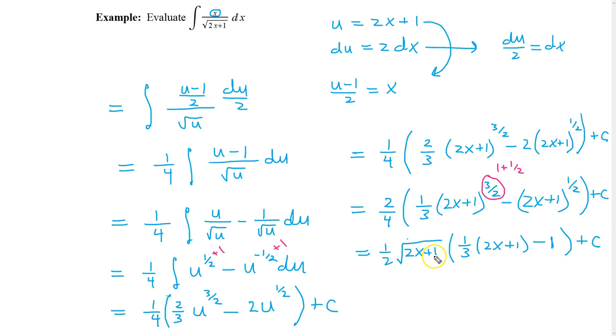now you see the square root of 2x plus 1, times 2x plus 1 gives us 2x plus 1 to the 3/2, and the square root of 2x plus 1 times 1 gives us back the square root of 2x plus 1, and then you can simplify what's in here and write this as.